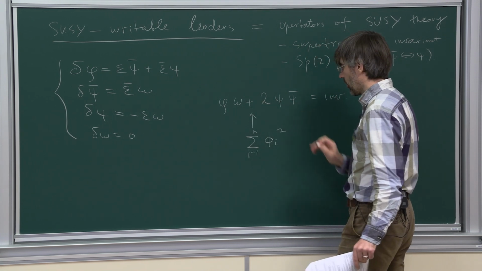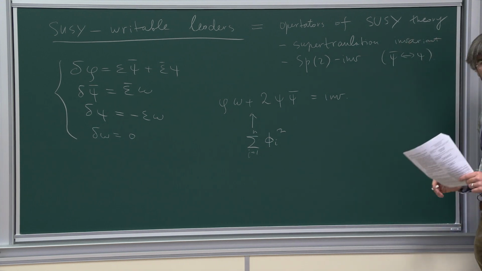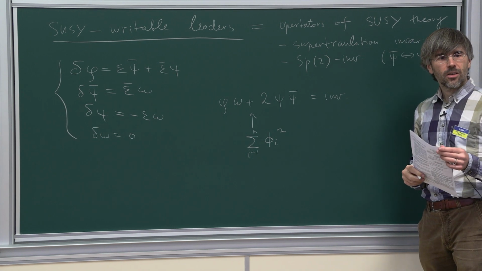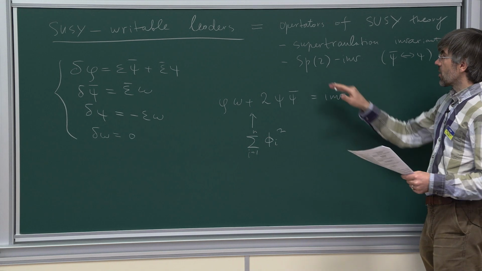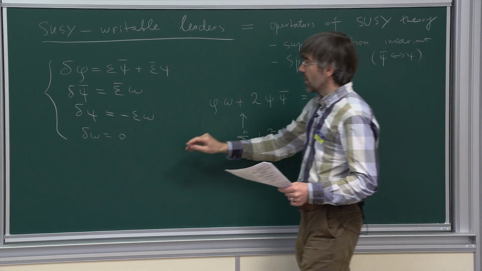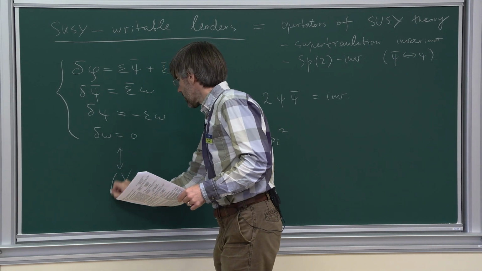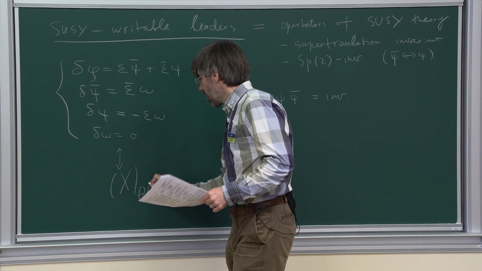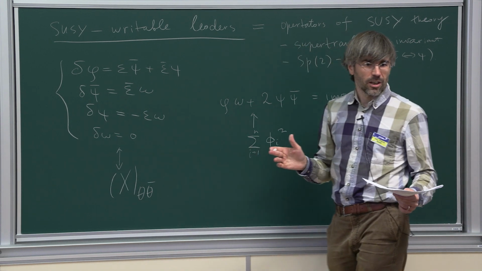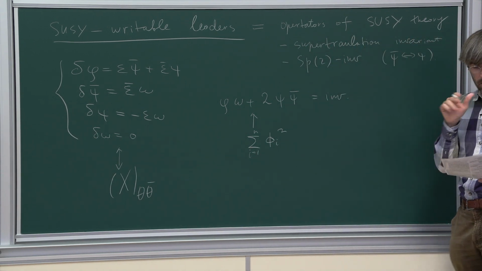So this is a leader of phi I squared. Sorry, this is the highest component of the SUSY multiplet. Super translation invariance is equivalent to saying that it is x theta theta bar for some superfield x. It's totally equivalent.